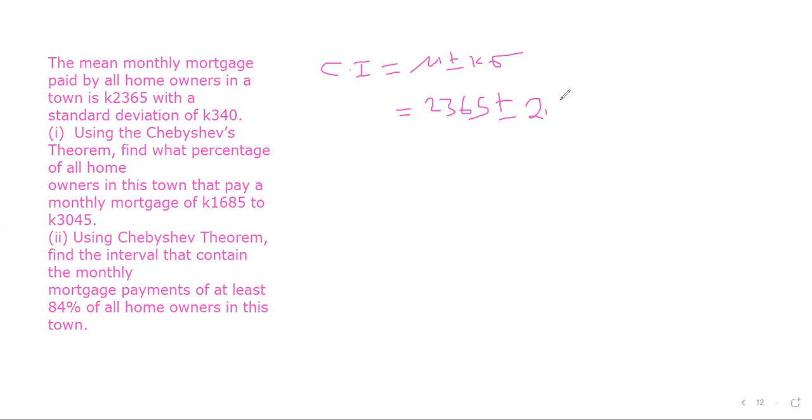Since we have established that our K is 2.5, the confidence interval is given by mean plus minus K sigma. So our mu is 2365, our K is 2.5, our standard deviation is 340. Are we following?